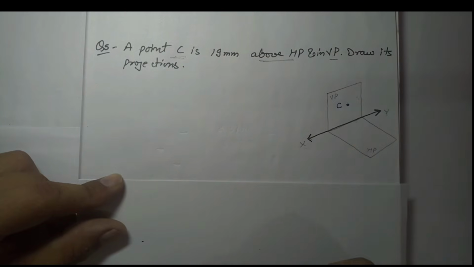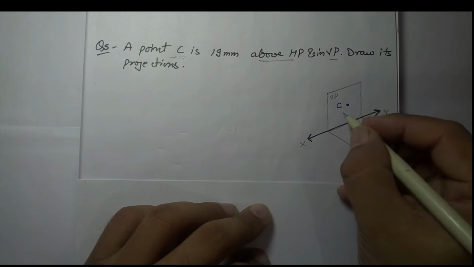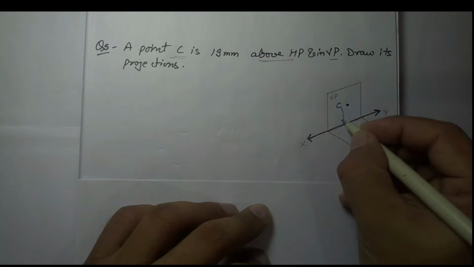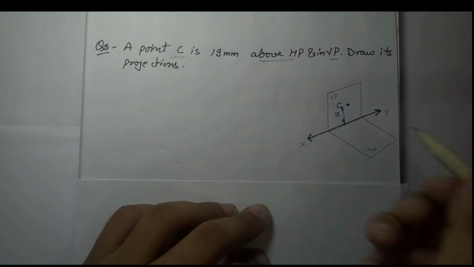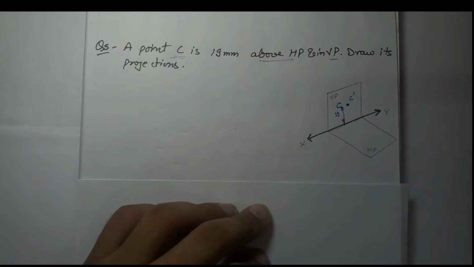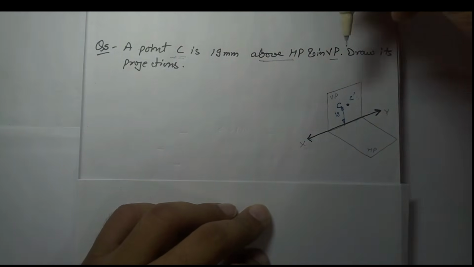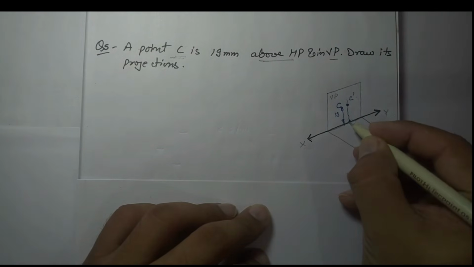This is the actual point C, and it is 19 mm above HP. Now when you see from this side, for the front view, you will have C dash, and for the top view, when you see from the top, it will go on the XY line.